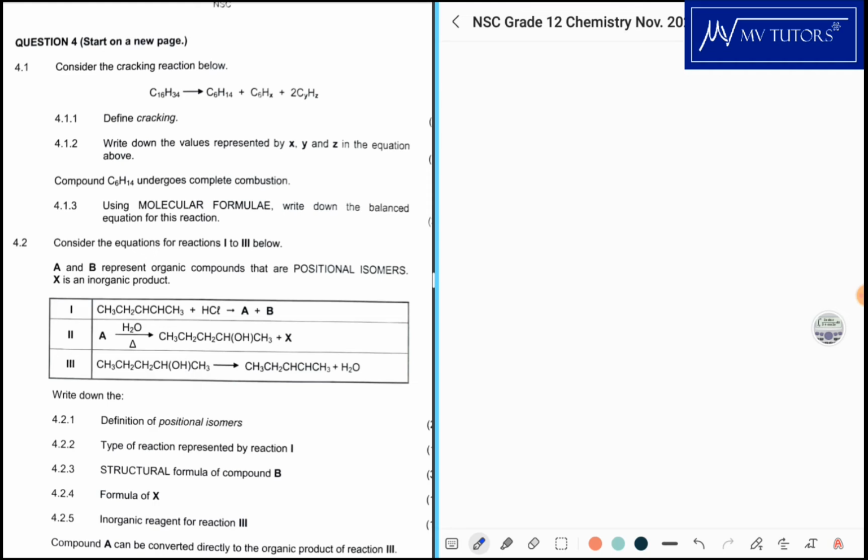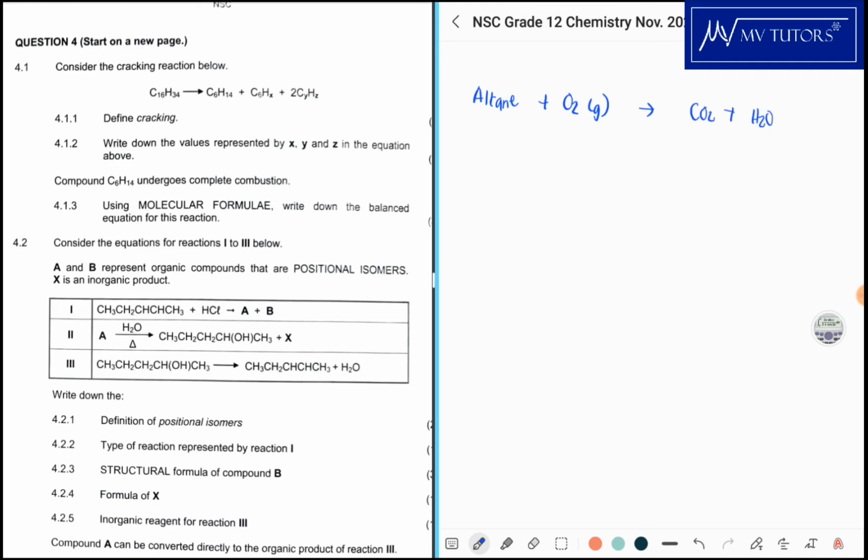Now it says compound C6H14 undergoes complete combustion. Remember, whenever you have combustion, you have your hydrocarbon, in this case an alkane. So let me just write it down. Your alkane plus oxygen gives you carbon dioxide plus water.